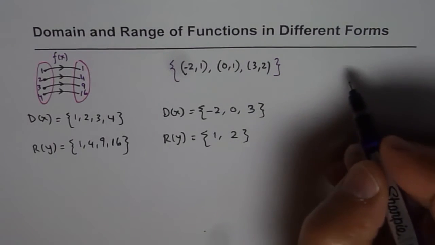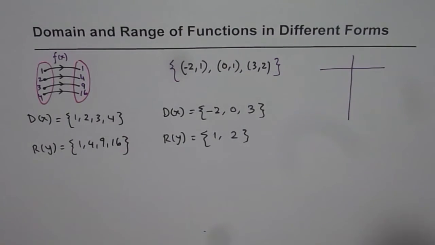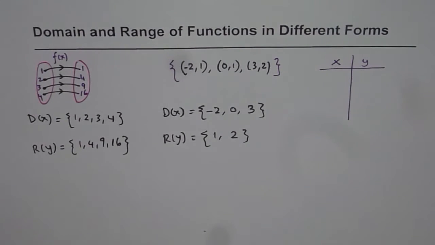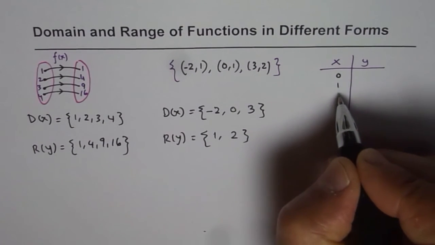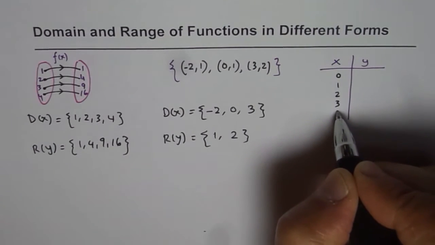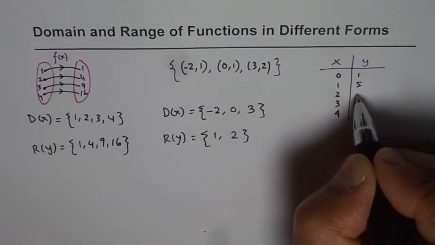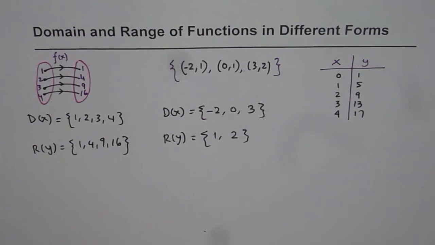Well, sometimes you may be given a table of values, right? So let us say this is x and that is y, and then you have to write domain and range. Let me say that the x values are 0, 1, 2, 3 and 4, and the y values are 1, 5, 9, 13 and 17. So in this case, what is going to be the domain and what is going to be the range?